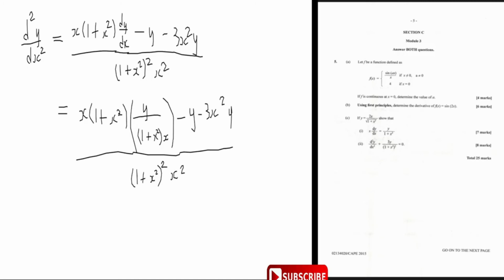Alright? Now this 1 plus x squared cancels the 1 plus x squared, and this x cancels the x here.